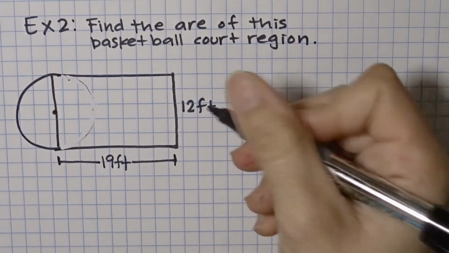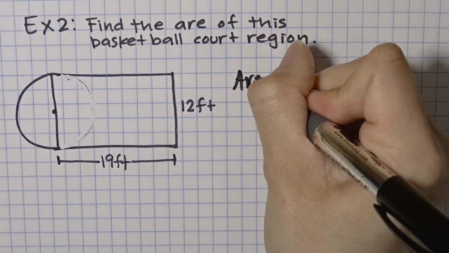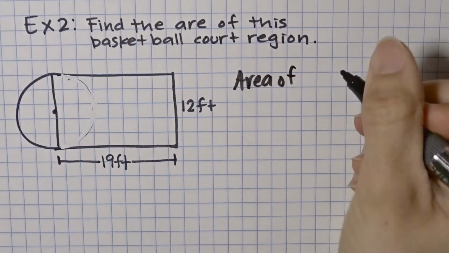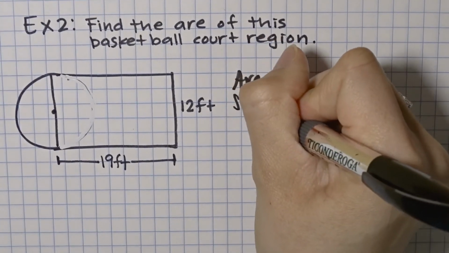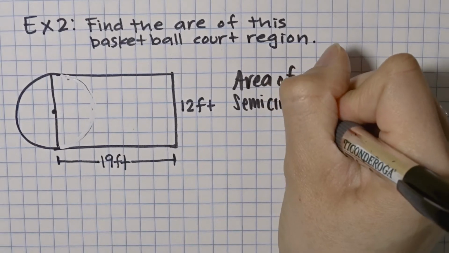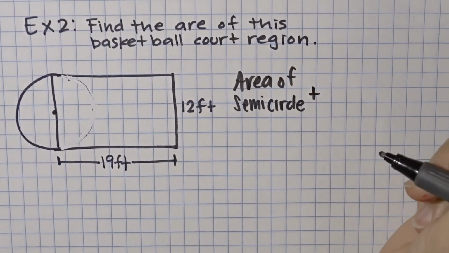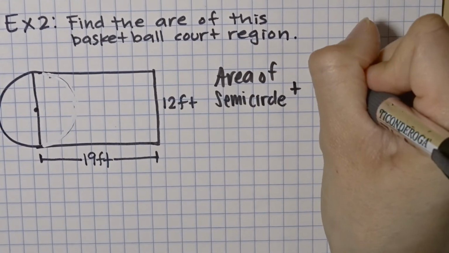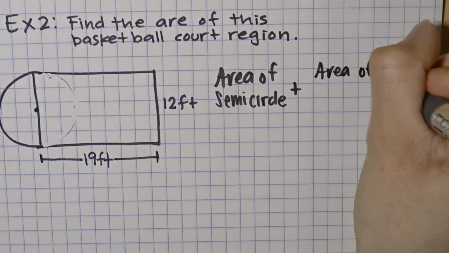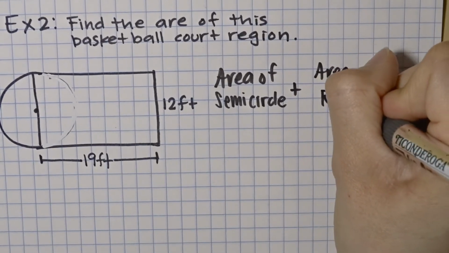So let's go ahead and write that down. Area of semicircle plus the area of the rectangle.